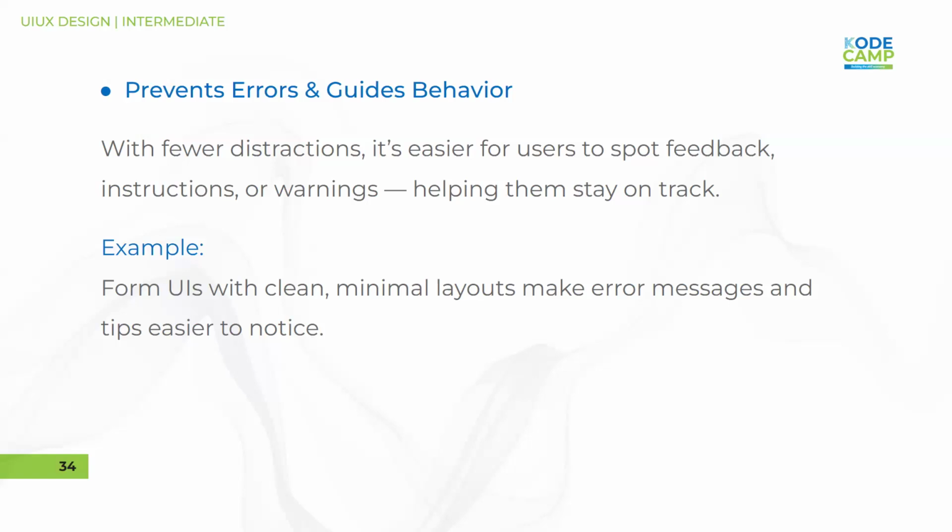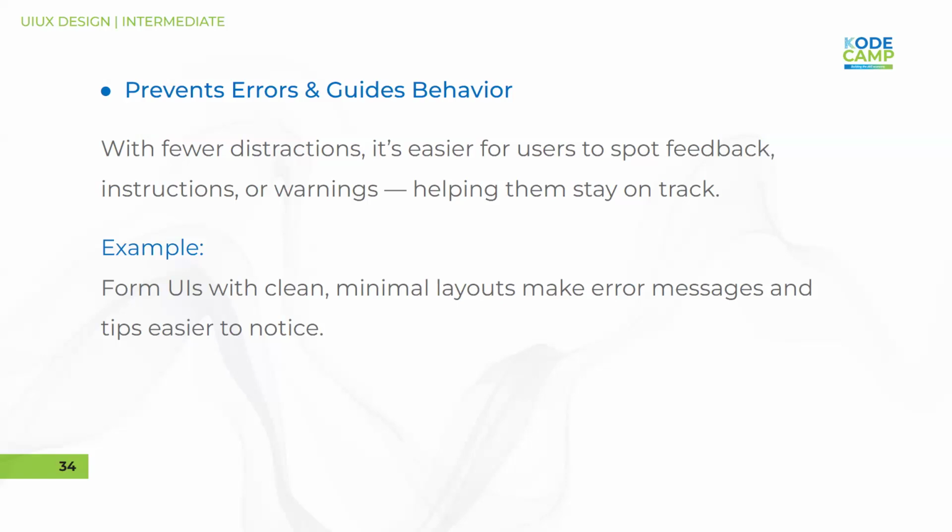Let your application have fewer distractions. It is also easier for users to spot feedback, instructions, or warnings, and it helps them stay on track. So when you prevent errors and guide users on using the application, it will help them stay on track and spot warnings and the rest of it.